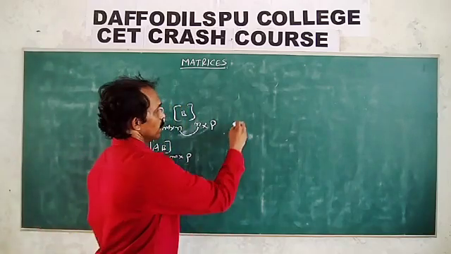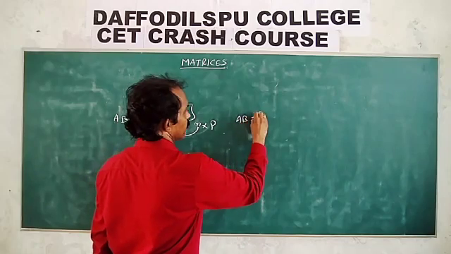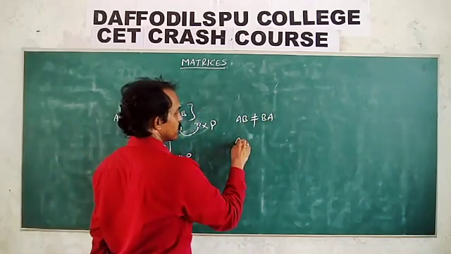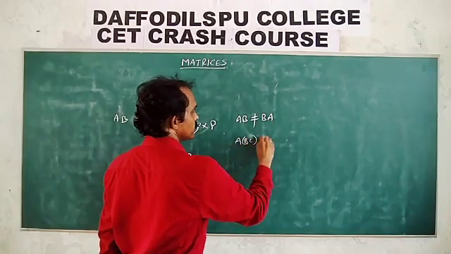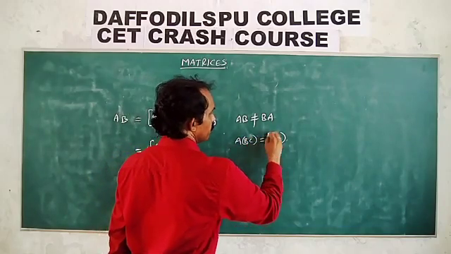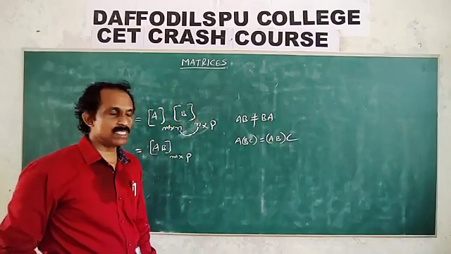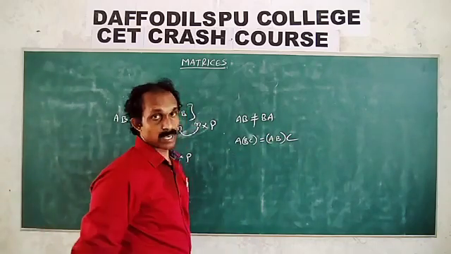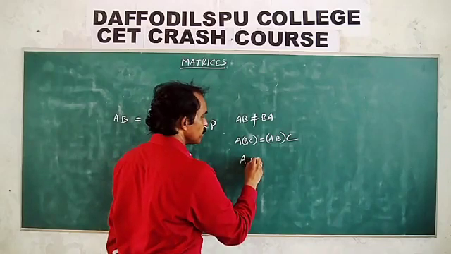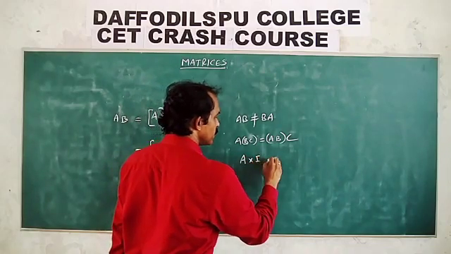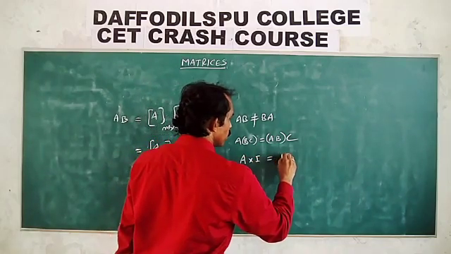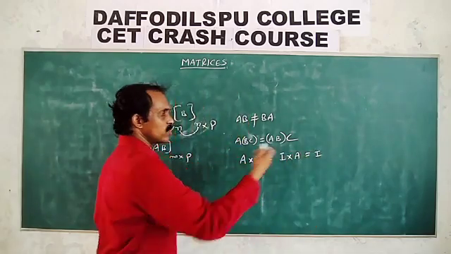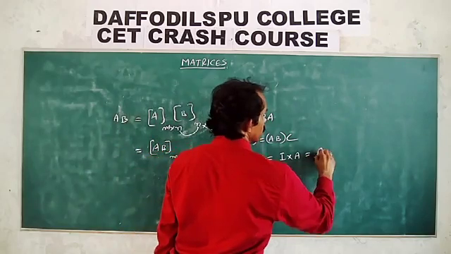What are the properties of multiplication? Commutative property is not satisfied. Like that, A of BC is equal to AB of C. Associative property is satisfied. And what is the multiplicative identity?